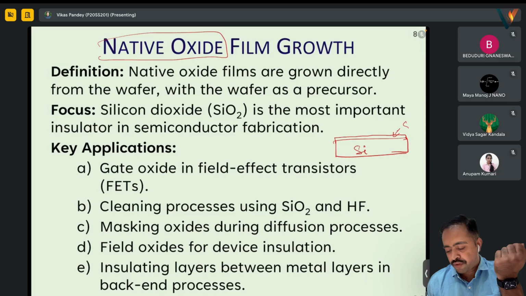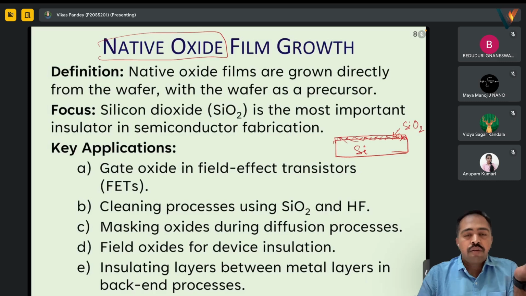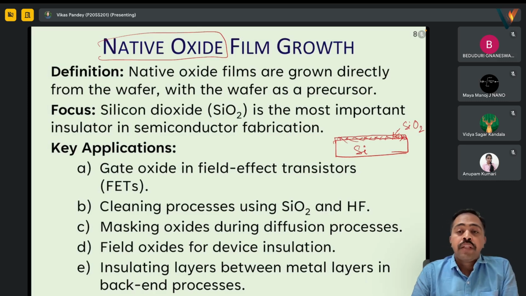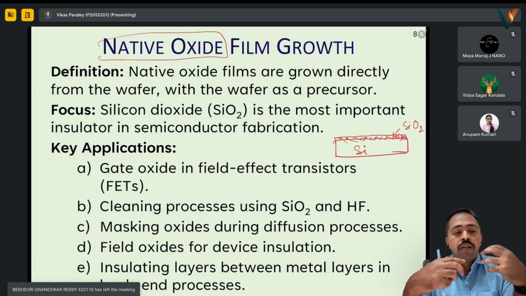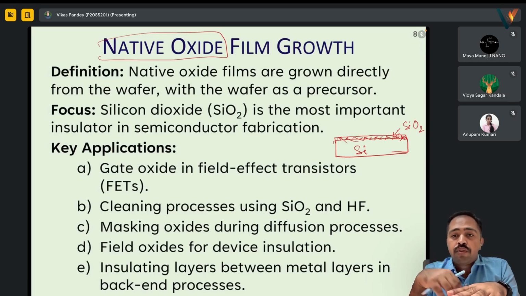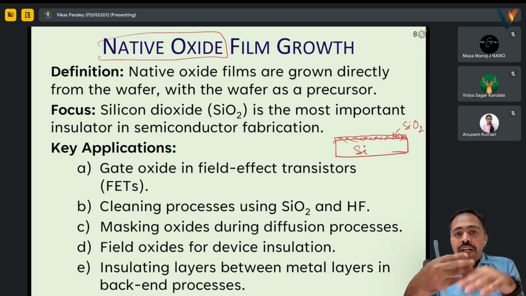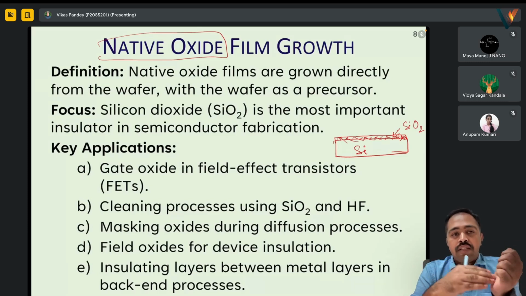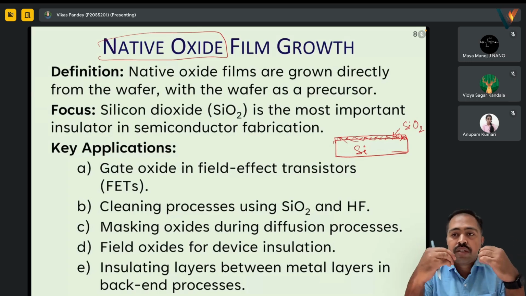So we are oxidizing the silicon on the top and converting it into SiO2. Later on, we will study that we can even deposit it. So there is a difference between growth and deposition. Growth is when we use the same material, the silicon itself, to make the SiO2. And it is called native oxide because it uses silicon.